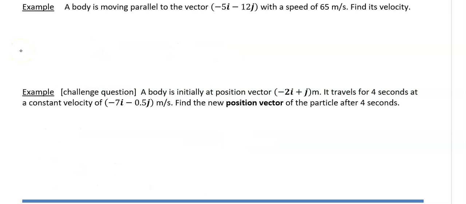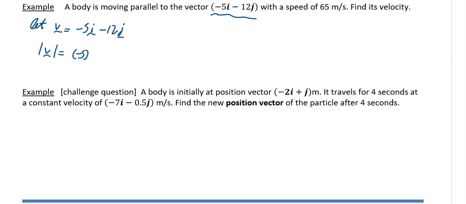Okay, a body is moving parallel to the vector minus 5i minus 12j with a speed of 65 meters per second. Find its velocity. So it's going parallel to this direction here, so I want to find the size of this direction. I'm going to just say let v equal minus 5i minus 12j, and what we're going to do is find the size of it, the modulus or the magnitude of it.